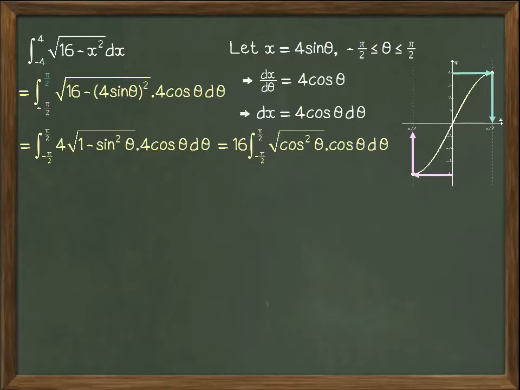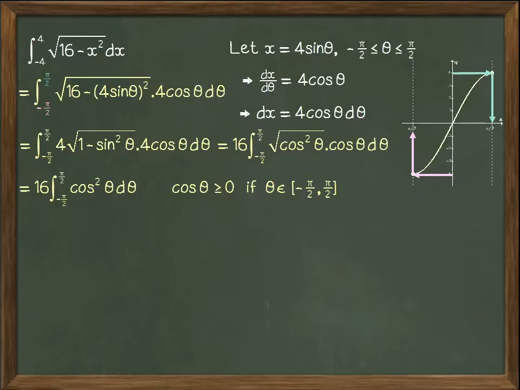Again, the square root of cosine squared theta is equal to the absolute value of cosine theta, but since cosine theta is always positive on the interval between minus pi over 2 and pi over 2, the absolute value of cosine theta is just cos theta, and my integral simplifies to 16 times the integral of cos squared theta d theta.